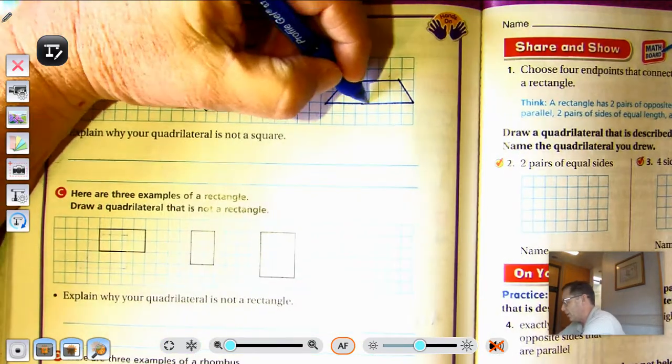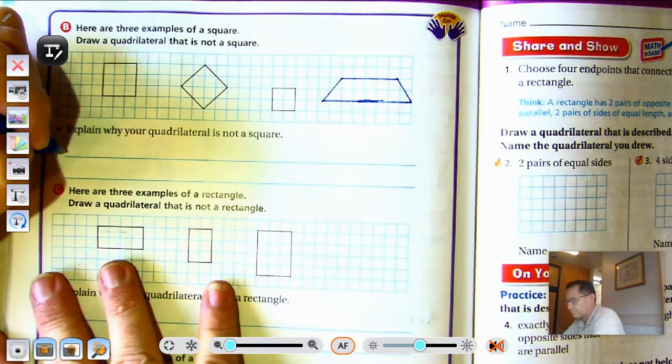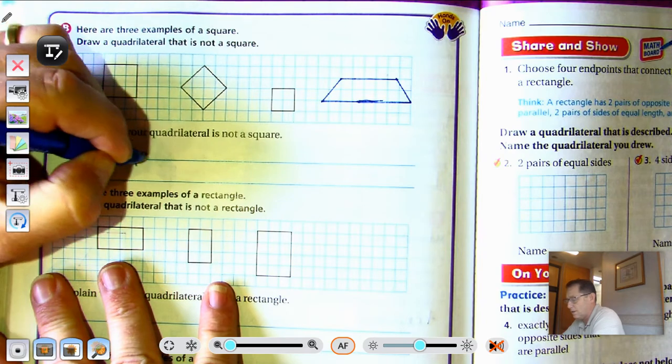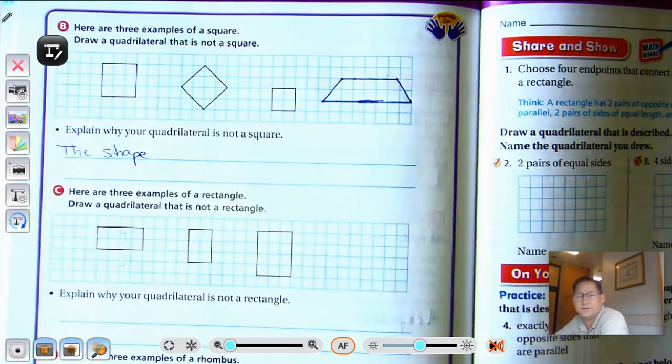Well, mine is not a square. The shape I drew is not a square because it only has one pair of opposite sides that are parallel.